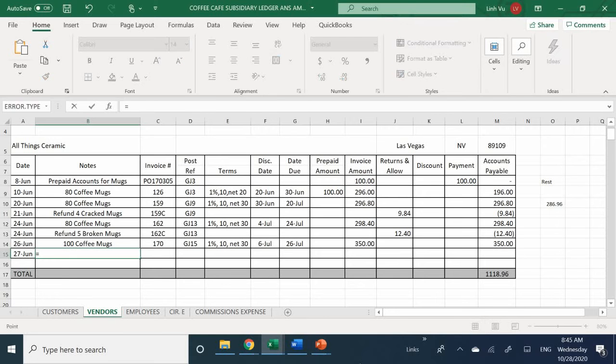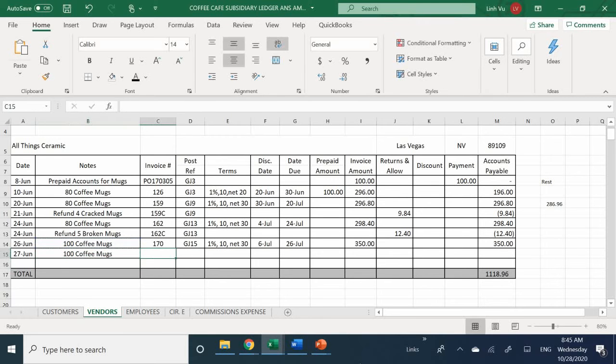It's 100 coffee mugs, 202, GJ 17, 1% 10 net 30. Same thing down here. Good. 7th of July.